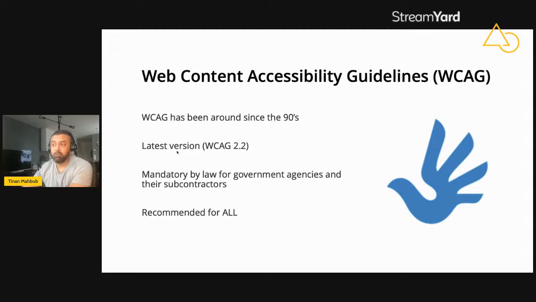WCAG is mandatory by law for government agencies and their subcontractors. So for the clients I have right now, I have to follow WCAG. I have to make accessible products, because the thought is like this: if you're a government agency, who is your customer? Who are your users? Everybody who pays taxes, right?